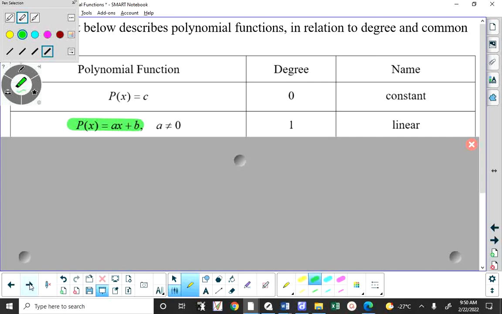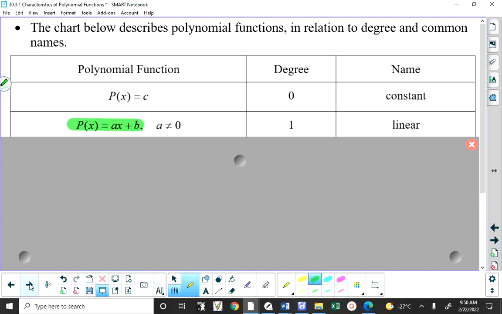About that. P of x equals ax plus b. What letters did we use last year for a and b? Not last year, grade 10, for a and b. Instead of a and b, we used different letters. What were they? mx plus b, right?